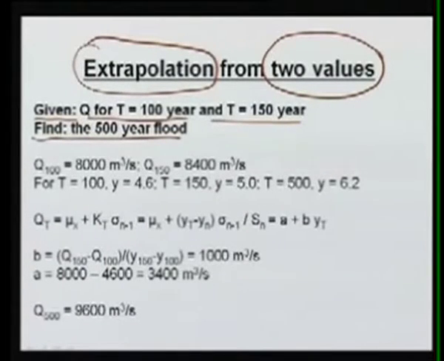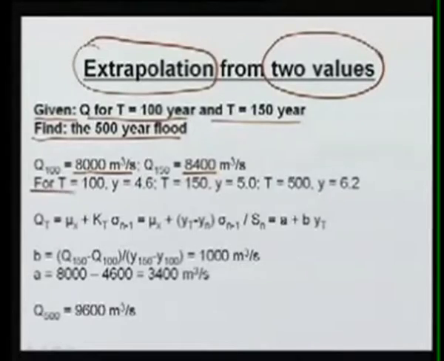For example, let's say that Q100 is given as 8000 meter cube per second and Q150 is given as 8400 meter cube per second. So on an average 8000 meter cube per second of maximum annual flood can be expected once in 100 years, 8400 meter cube per second expected once in 150 years. And what we want is, what will be the flood which can be expected once every 500 years. So for t equal to 100 we have already seen y is 4.6.